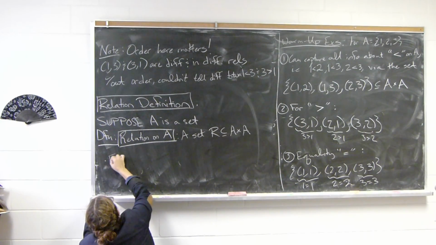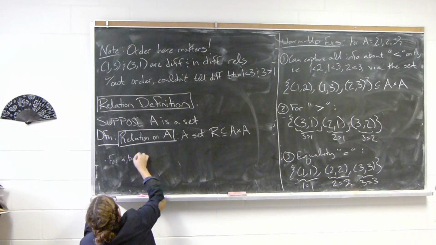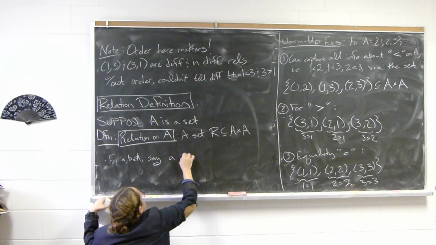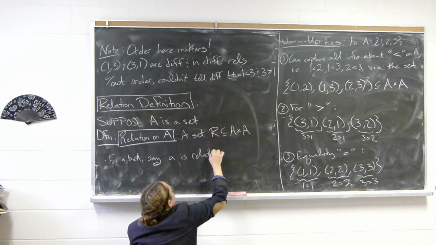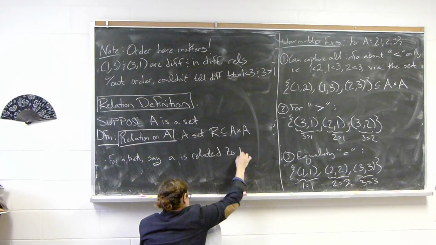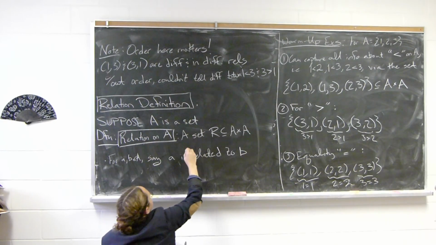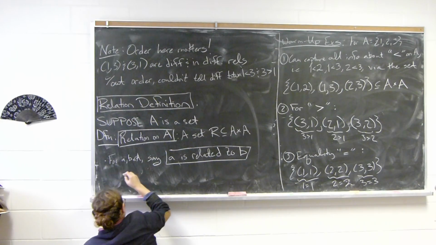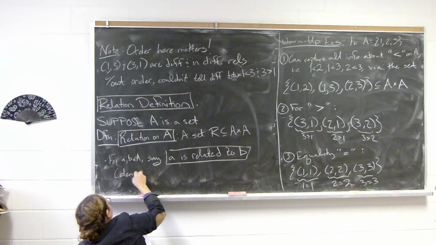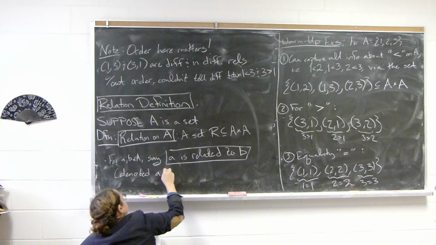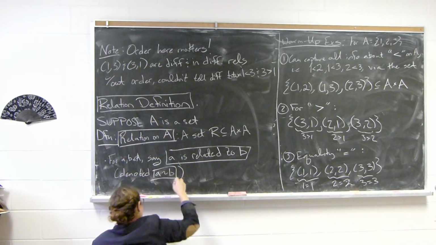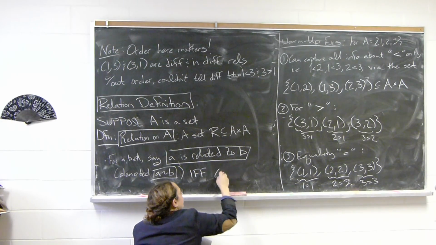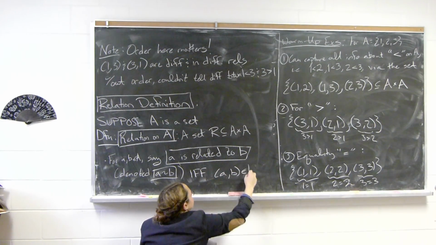And then for a and b in A, we say that a is related to b. So it's a relation on A, and what does it mean that a is related to b? There's notation for that: a is related to b, denoted a R b, if and only if (a, b) is an element of this subset.